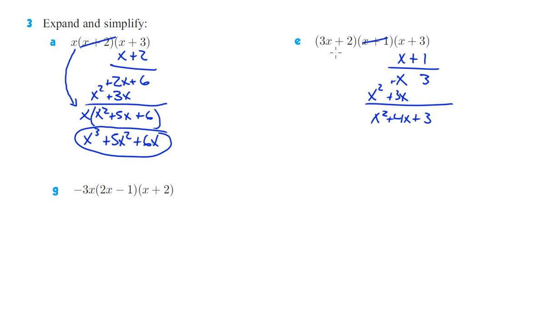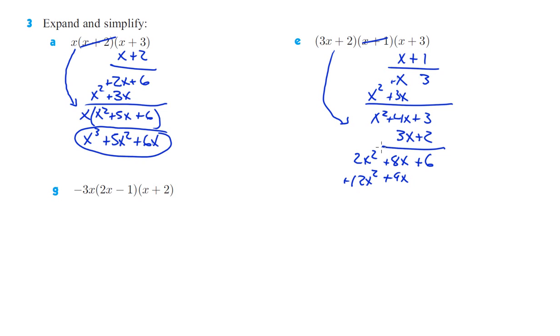Now I've got to get the 3x plus 2 in there. So I would put 3x plus 2 underneath and then multiply one last time. 2 times 3 is 6. 2 times 4x is 8x. 2 times x squared is 2x squared. 3x times 3 is 9x. 3x times 4x is 12x squared.